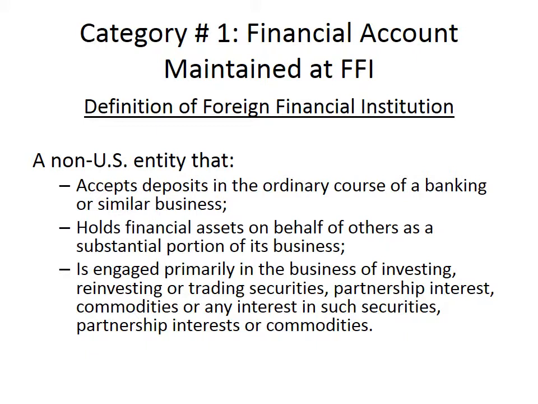First, accepts deposits in the ordinary course of a banking or similar business. Second, holds financial assets on behalf of others as a substantial portion of its business. Or third, is engaged primarily in the business of investing, reinvesting, trading securities, partnership interests, commodities, or any interest in such securities, partnership interests, or commodities.